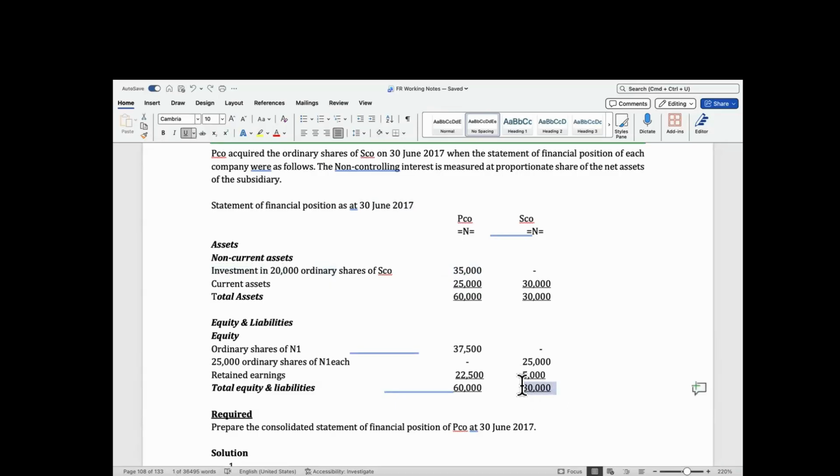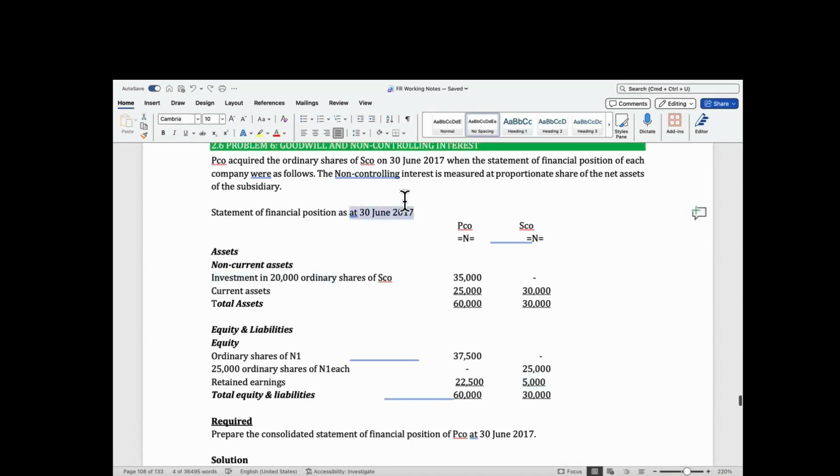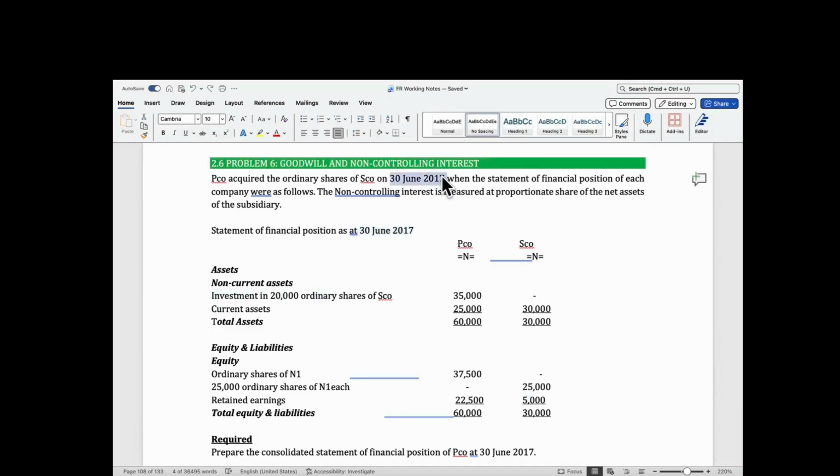And I'm going to cancel out against this 30,000, this 5,000 inclusive, because this 5,000 is the retained earnings at 30th June, which is the date we acquired the subsidiary. So this is the retained earnings of the subsidiary at that date.